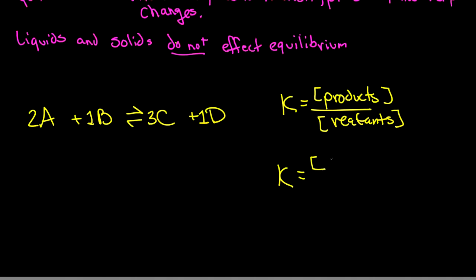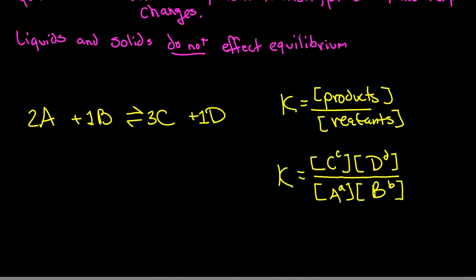So it's going to be the concentration of C raised to a power, for now I'll just call it c, times the concentration of D, also raised to its own power, so I'll call it d. And I'm using lower cases for my powers, upper cases for my species, over the reactants. So my reactants are going to be A and B, so the concentration of A raised to a times the concentration of B, raised to its own power, so that's going to be little b.